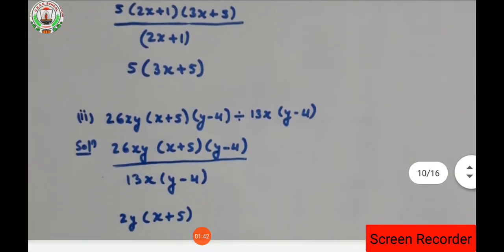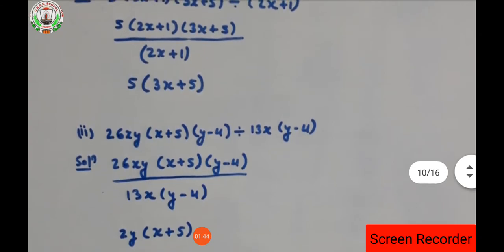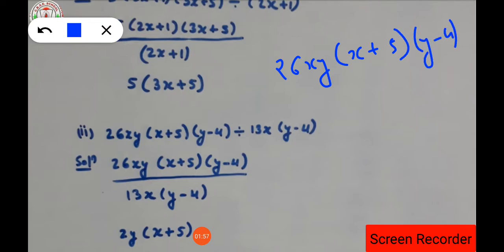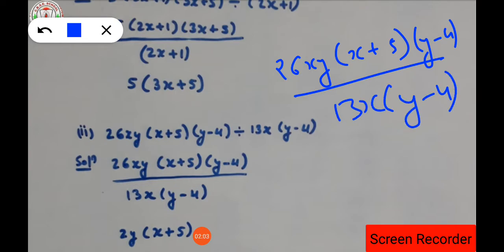Clear? Now, in question number 4 second part, what is the question we are having? That is 26xy into (x plus 5) into (y minus 4), divided by 13x into (y minus 4). Now you can see that y minus 4 is present in the numerator as well as in the denominator. So it can easily get cancelled.